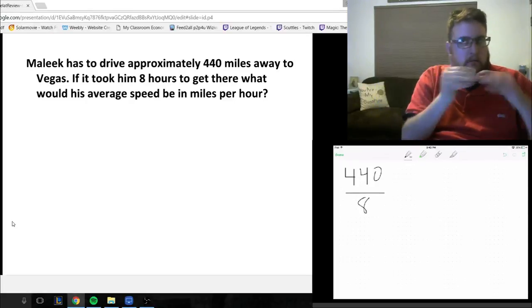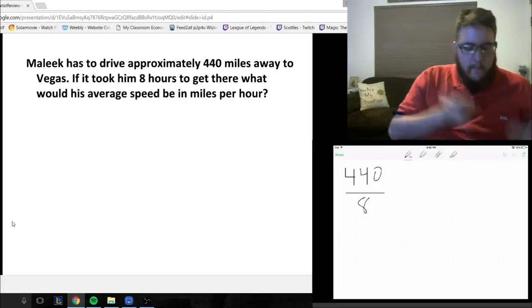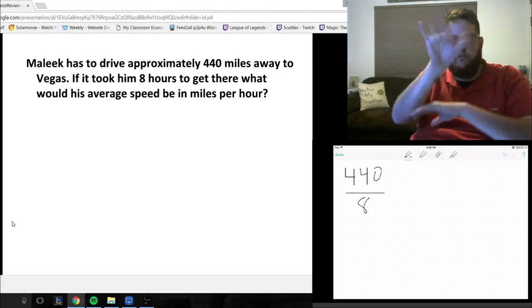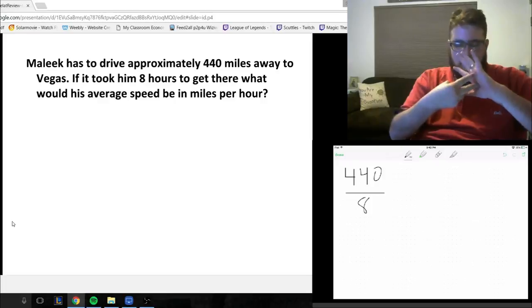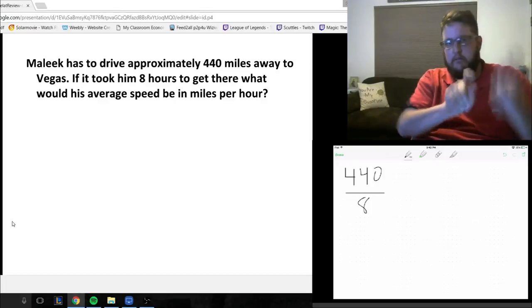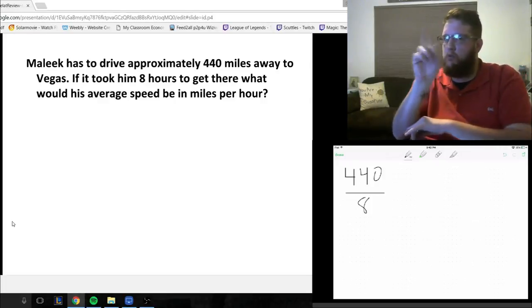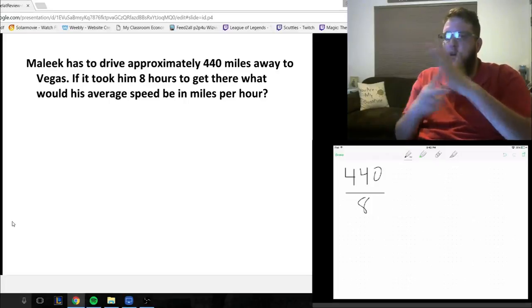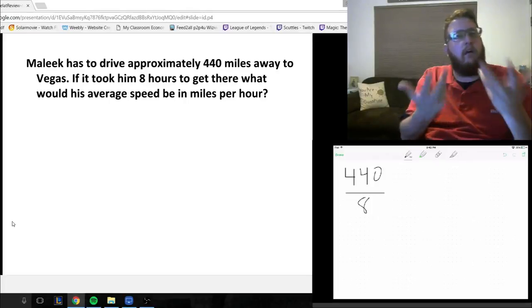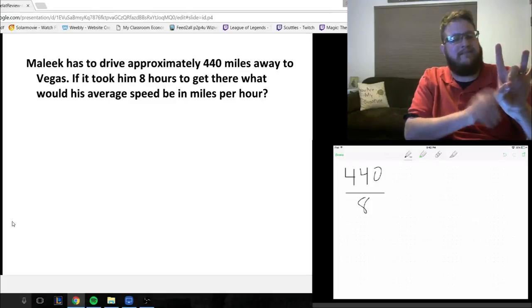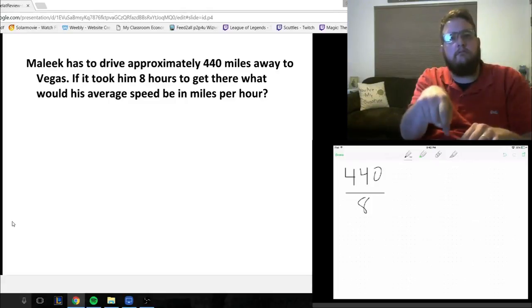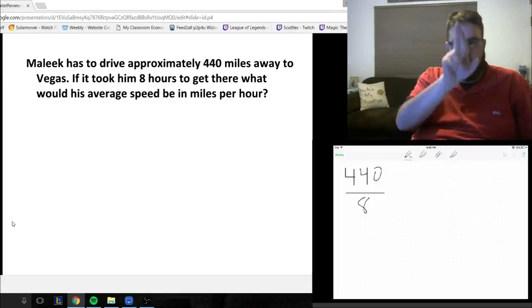So it's important to remember that our ratio, or our unit rate, is miles per hour. So let's go ahead and make sure that we remember that. But for now, we need to convert the denominator to 1. So we're going to divide the denominator, or the bottom number, which is 8, by some other number that's going to make it equal to 1. So 8 divided by what equals 1?